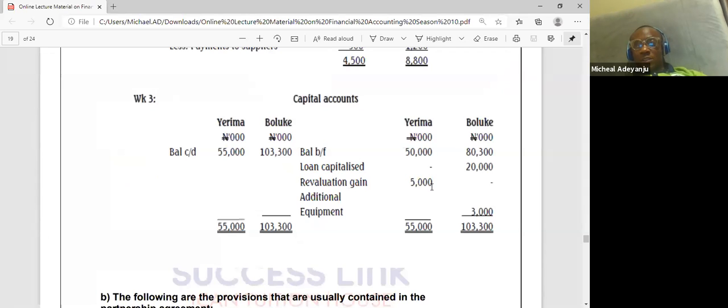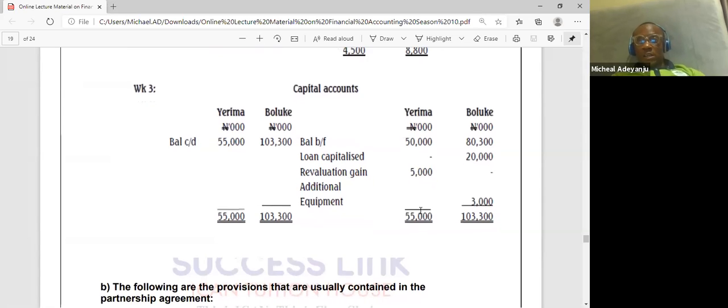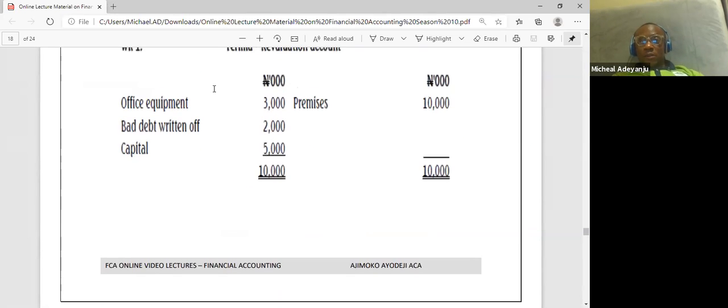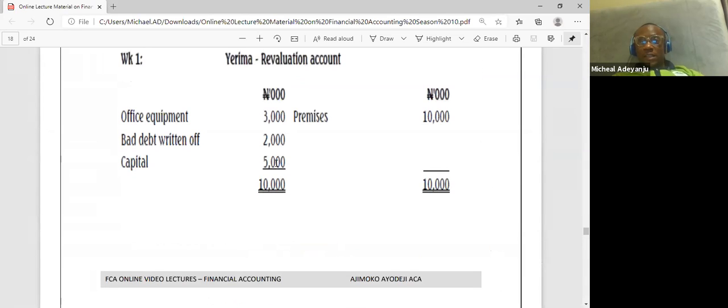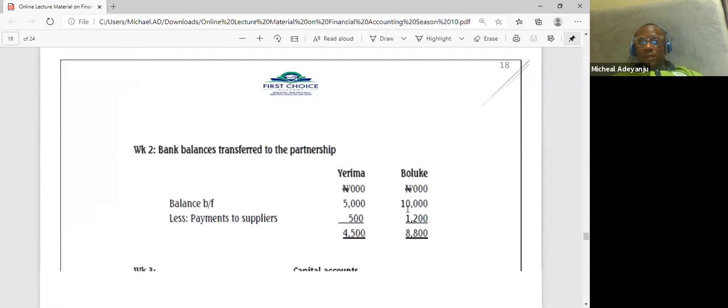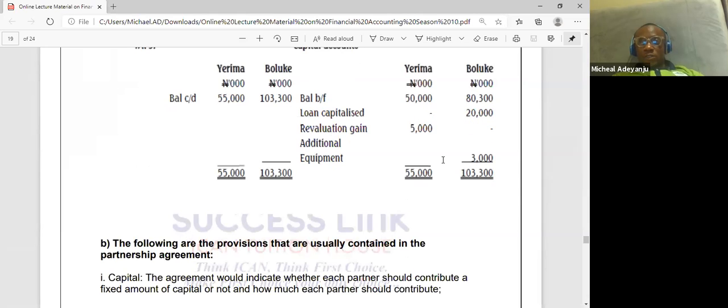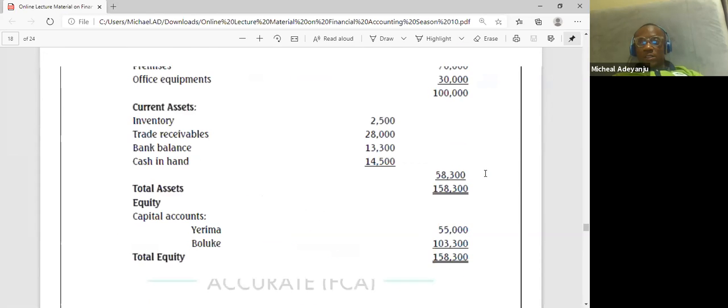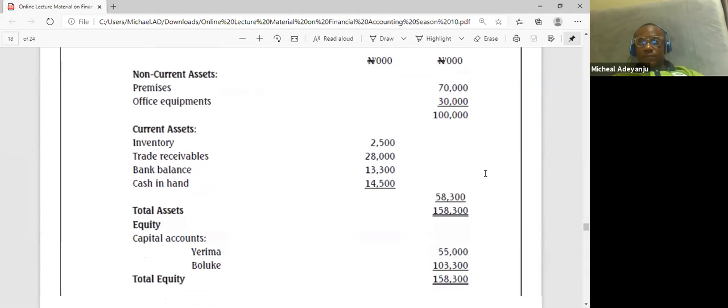And we have a revaluation gain of 5 million from Yerima after increasing his assets and paying back some bad debt and his office equipment. So he has an excess of 5 million. So the addition of everything will give you 55,103,300 naira, which is this.